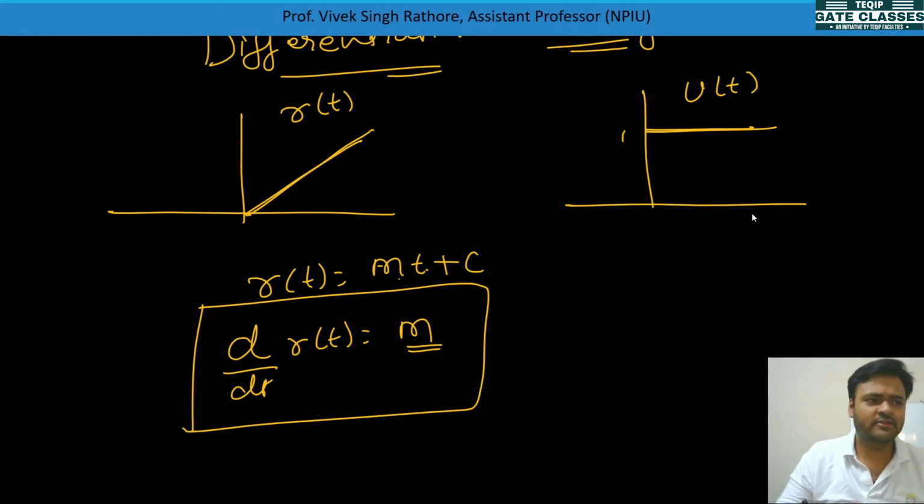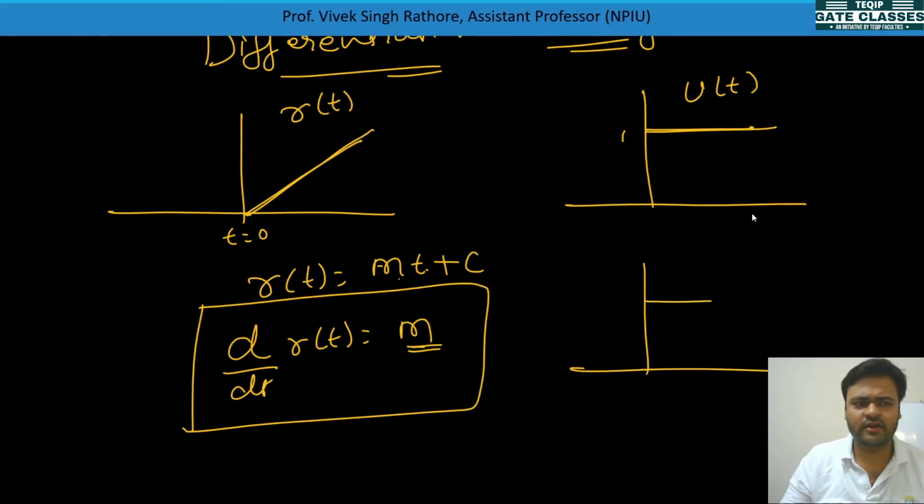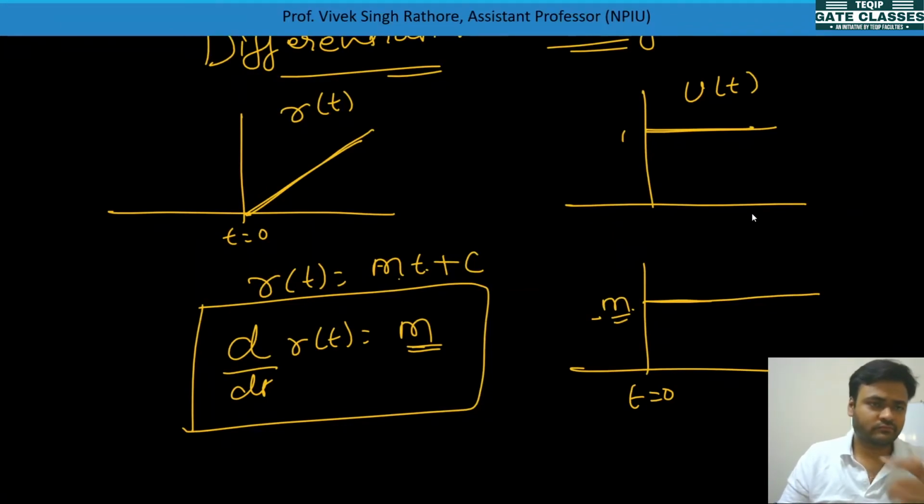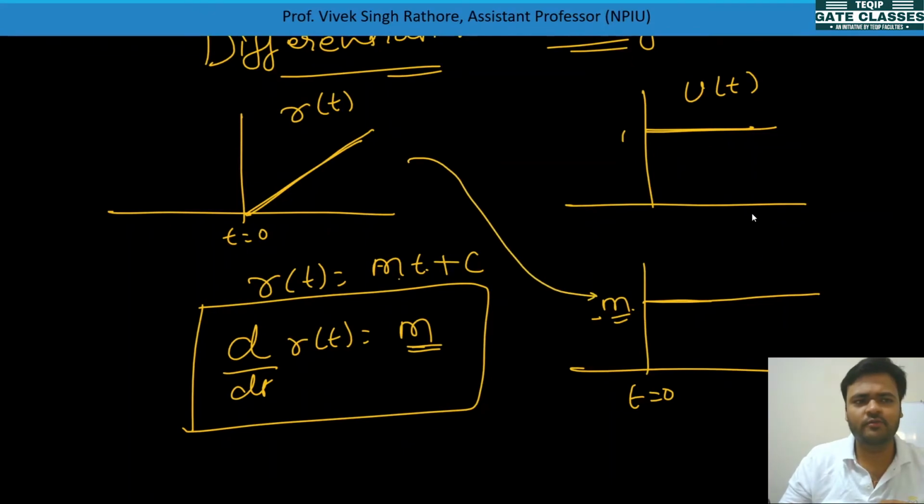It lies at t greater than 0, so it will be like this. m is a constant, and it appears only after t equal to 0, and the value will be m. So what we can conclude is that the differentiation of the ramp signal gives a unit step signal, or a step signal of magnitude m.